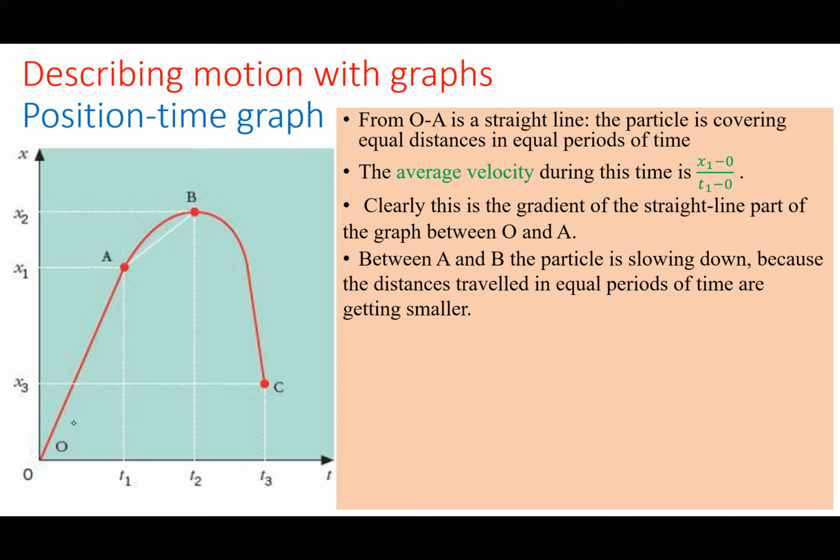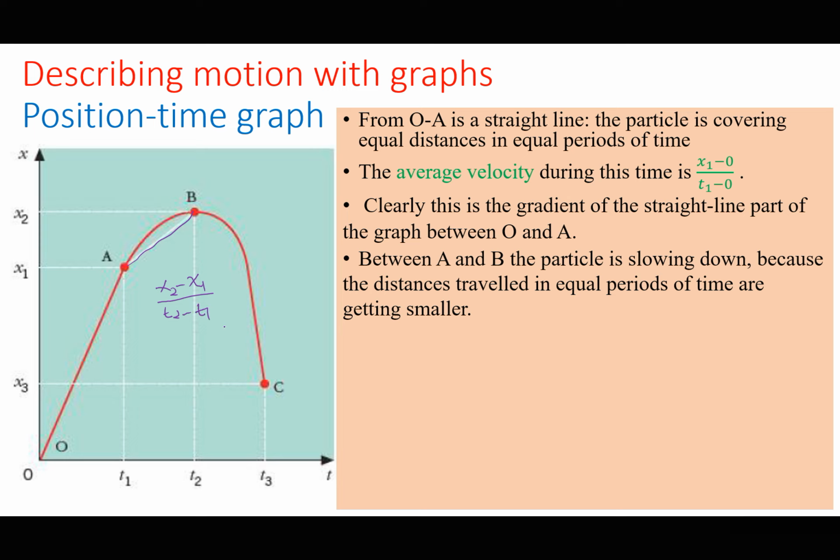Then let's look at between point A and B. If I wanted to find the average velocity in that case, it would be x2 minus x1 divided by t2 minus t1.